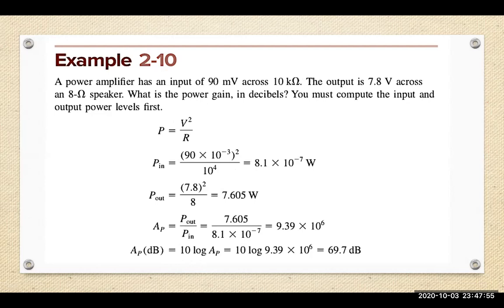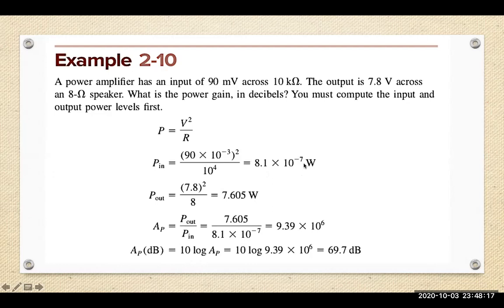Okay, let me check my calculator. Yeah, 10,000 is right, 4 zeros. So the value of the input power here is 8.1 times 10 raised to minus 7 watts.